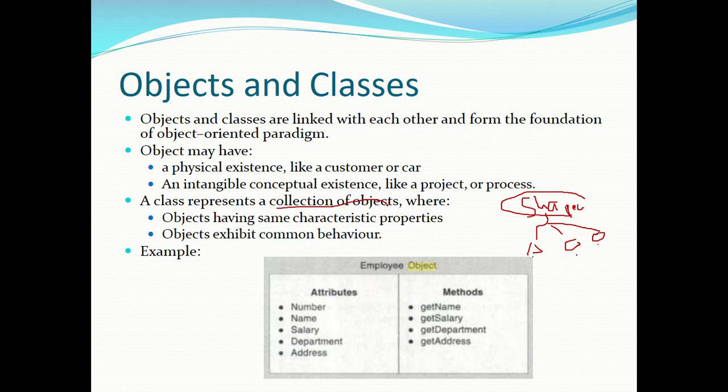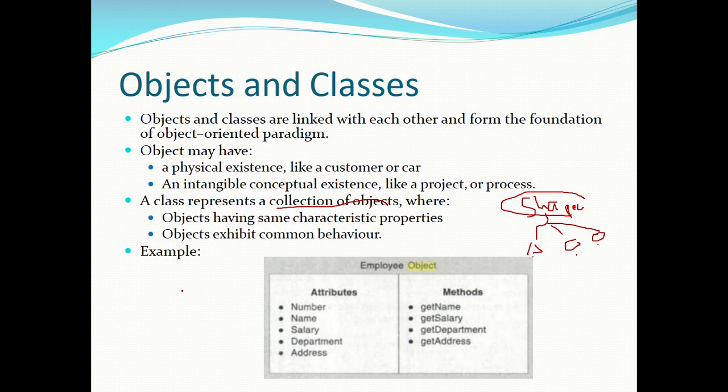These objects should have the same characteristics and the same behavior. Most of them have an area we calculate, and a length, and so on. Here is an example of an employee object. Employee objects include all kinds of employees, like a guard, manager, supervisor, secretary, and so on.